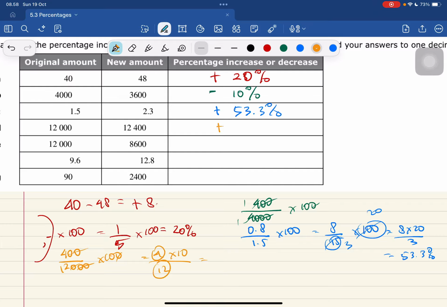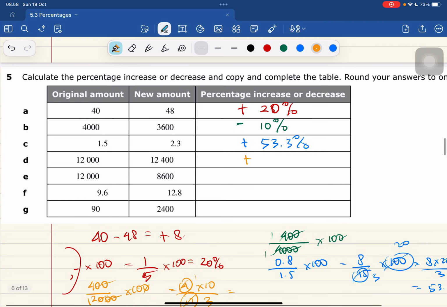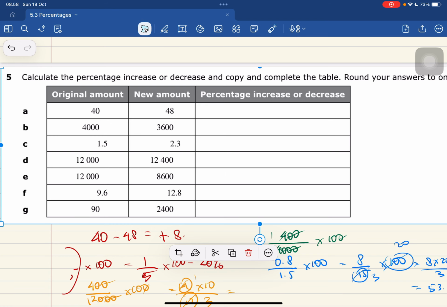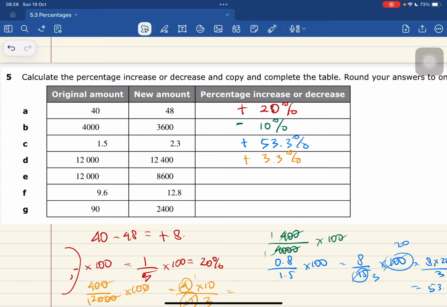So 4 and 12, both of them we divide by 4. So this is going to be 3. So 10 divided by 3 is going to be 3.3%.